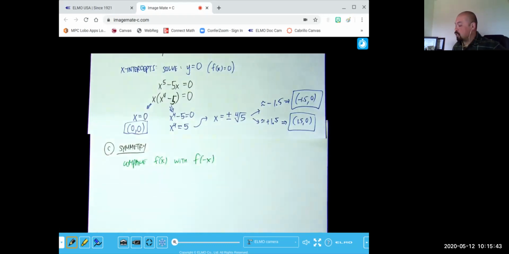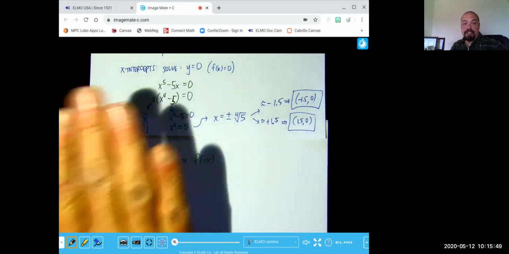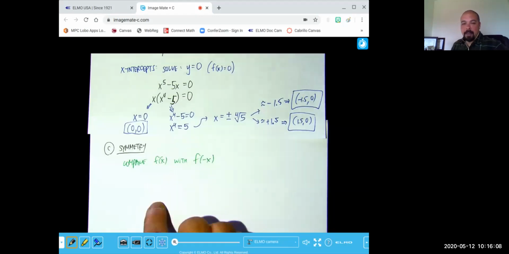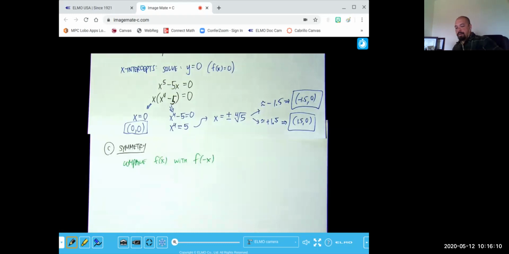If everything looks the same, then we're going to have an even symmetry function, where it's going to be that mirror image across the y-axis. If they're opposite signs completely, that's odd symmetry, kind of like our sine function, our x cubed function, where they're symmetric about the origin, flip-flopping the x and y values, sine, and so on.